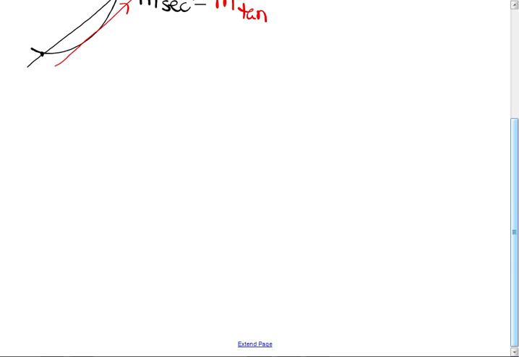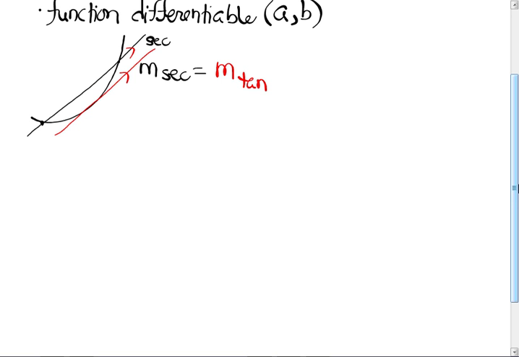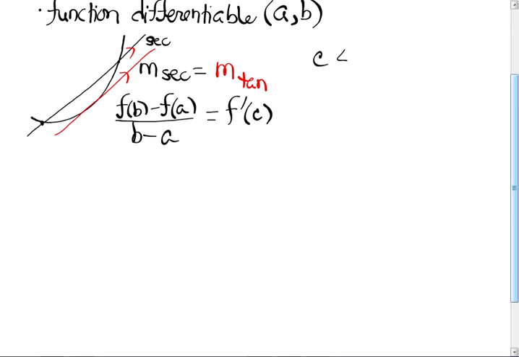It's f of b minus f of a, all over b minus a. I didn't label them on here, but you guys know what I mean. What is the slope of the tangent? F prime of some value. We don't know where it is. We'll call it c. C is between a and b. That's all it is. The average rate of change somewhere has to equal the instantaneous.